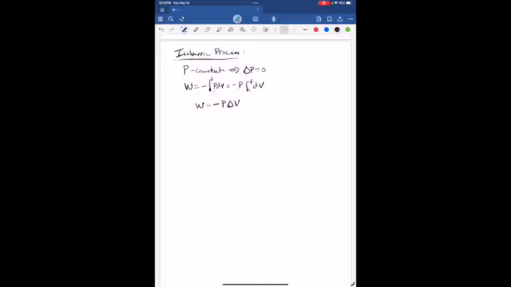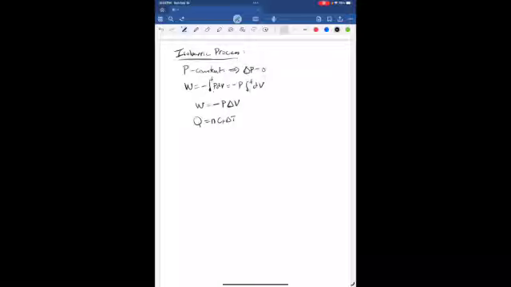Furthermore, for the heat, we discussed in class that the heat absorbed by a gas during an isobaric process was n Cp delta T, where Cp is the specific heat at constant pressure for a gas. And we're talking about a gas here.